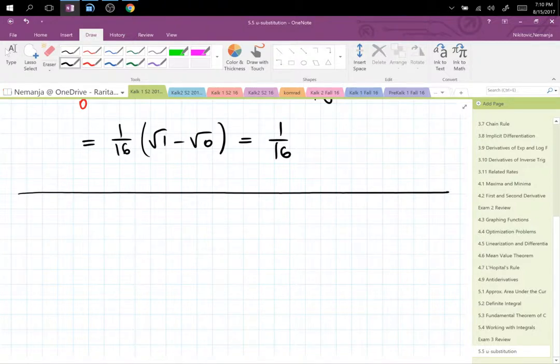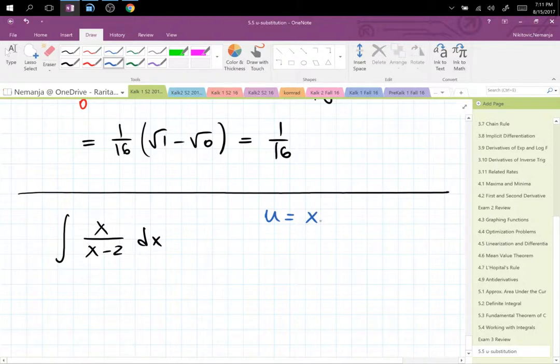So now this problem is tricky. It says integral x over x minus 2 dx, and they tell you the u sub because it's not intuitive. Try to see if you can figure it out now.